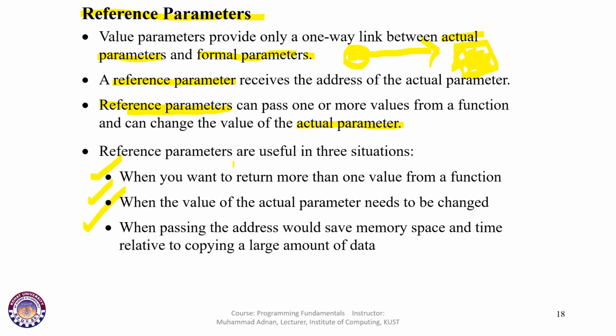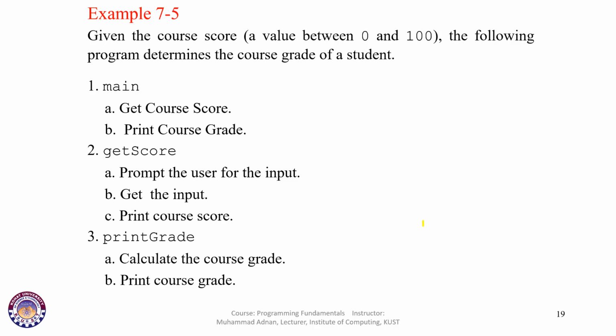Once again: when you want to return more than one value from a function, when the value of an actual parameter needs to be changed, when passing the address would save memory space and time relative to copying a large amount of data. So with that, let us discuss a practical example.